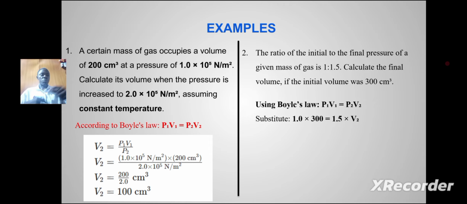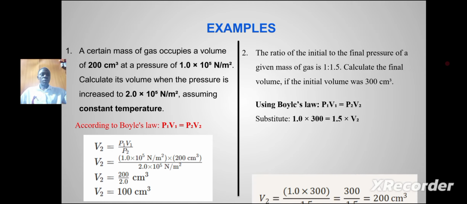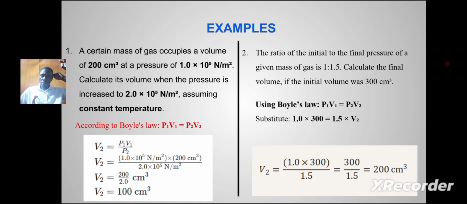Once we substitute, 1 as P1, 300 as V1, 1.5 as P2, and V2 is what we are looking for, we divide and get V2 as 200 cm cube.